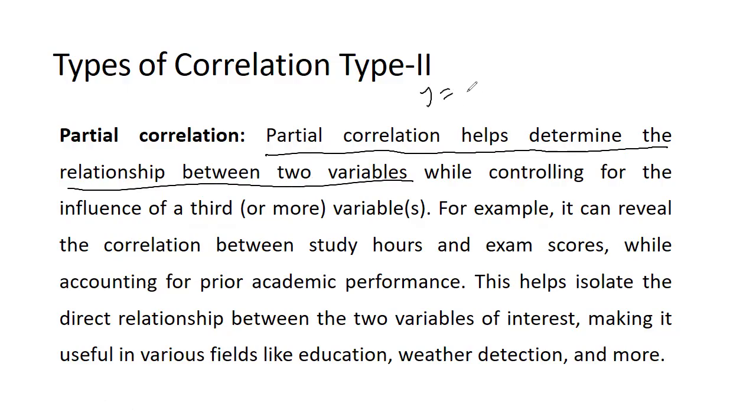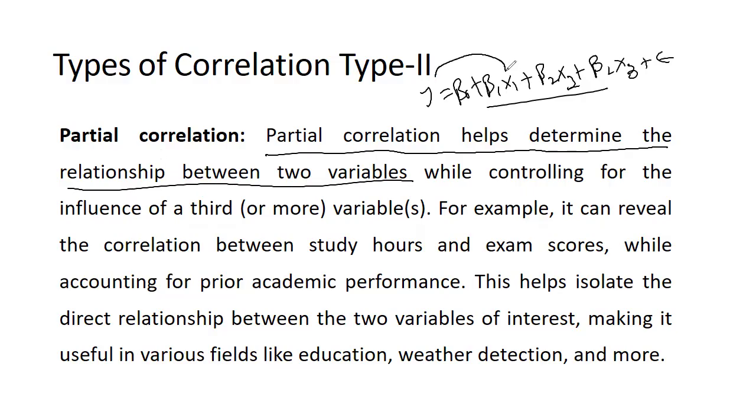Here in this multiple regression equation, there are many independent variables. I am taking only three: beta 2, x3 and epsilon. So here there are more than two variables, and partial correlation helps determine the relationship between two variables.